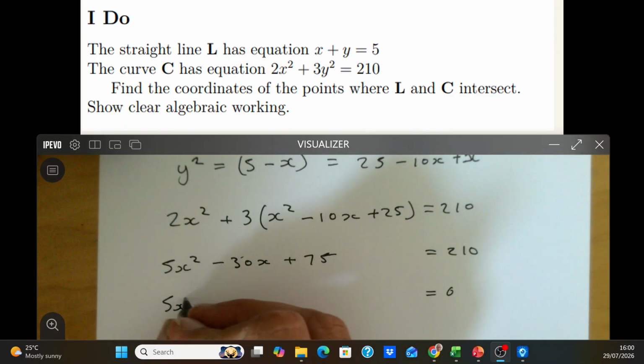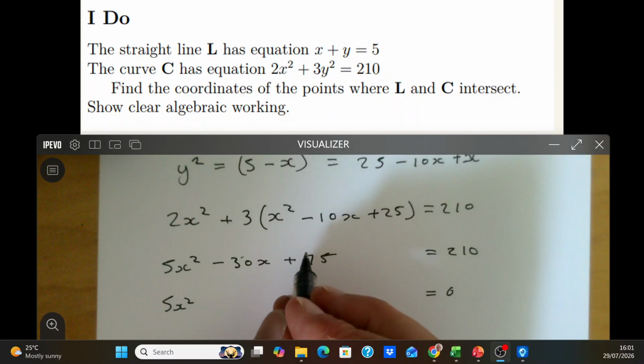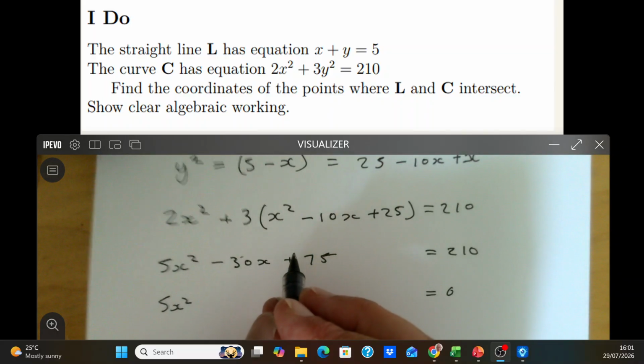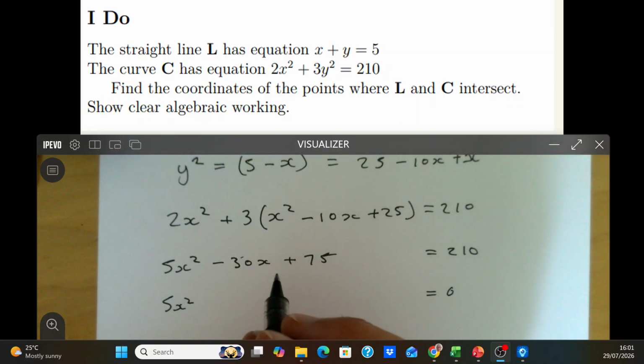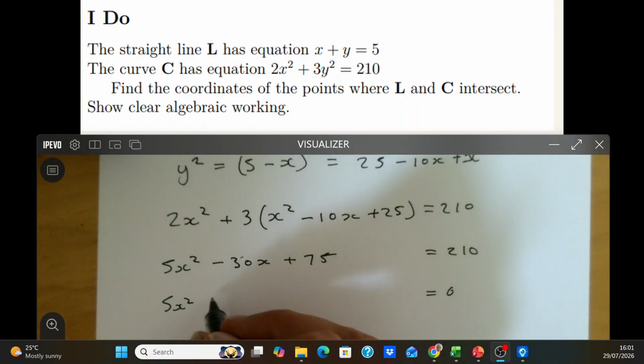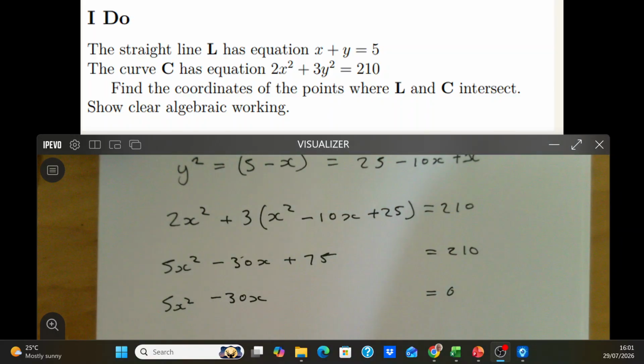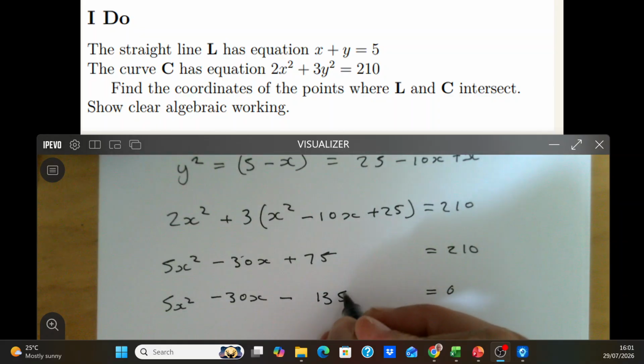So 5x squared minus 30x minus 135 equals 0.